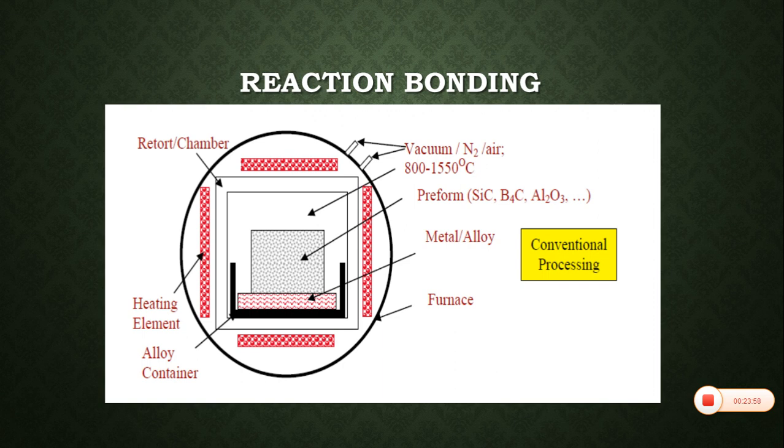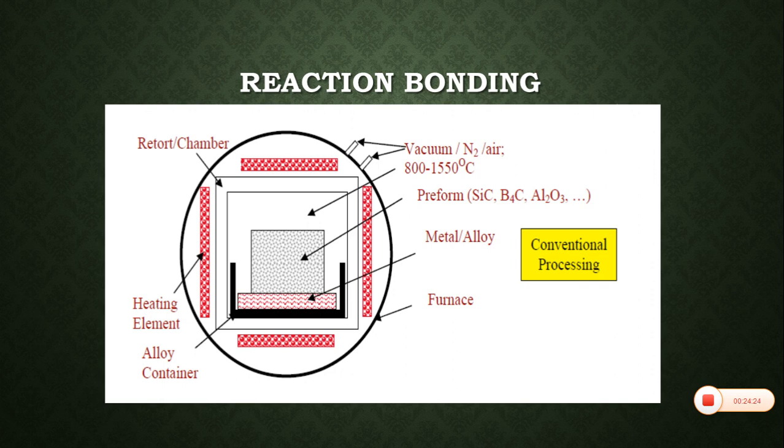By using the reaction bonding method, we can also produce silicon nitride, and production of silicon nitride is a solid-gas reaction method. It means that the starting materials are gas and solid.